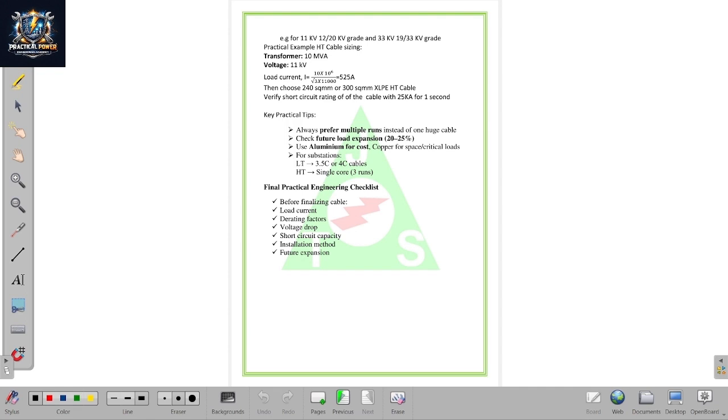So finally, after discussing all these factors, we have to finalize the proper sizing without any defect or without any mistake.